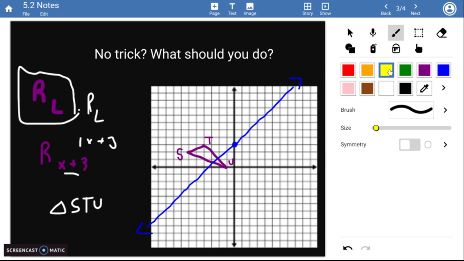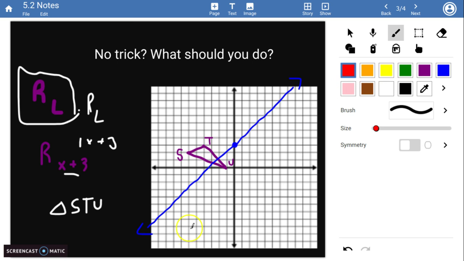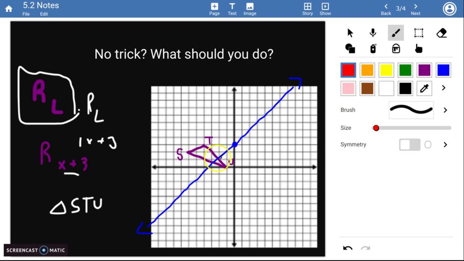But anyways, instead of just counting boxes like with a straight line that follows the grid lines, you count diagonal boxes. U is one diagonal box away from the line. So you could see U was right here, the line was right here. So instead you go one more this way, right here.